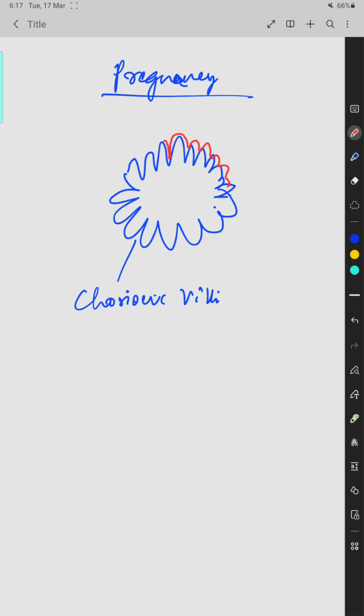Okay, and they jointly form a structure, the chorionic villi plus the endometrial tissue, together form a structure that is known as placenta.